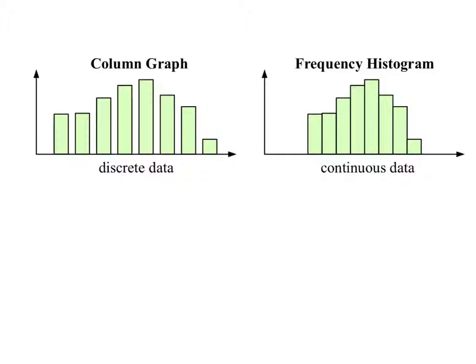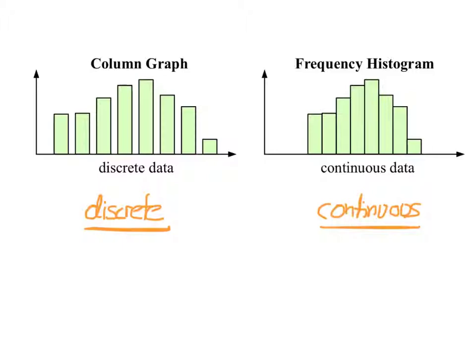To be clear, we use column graphs for discrete data, which are usually found by counting, and for a frequency histogram we use continuous data, which is usually found by measurement.